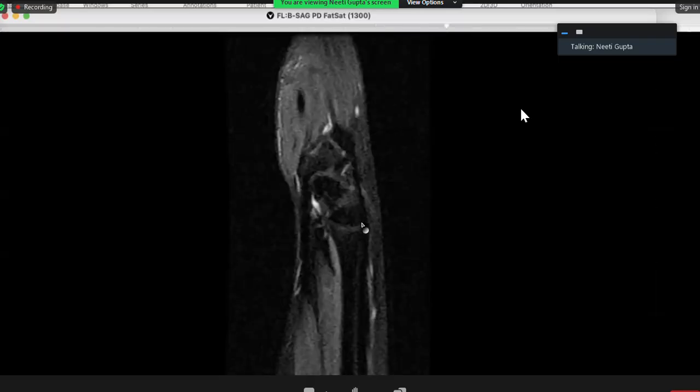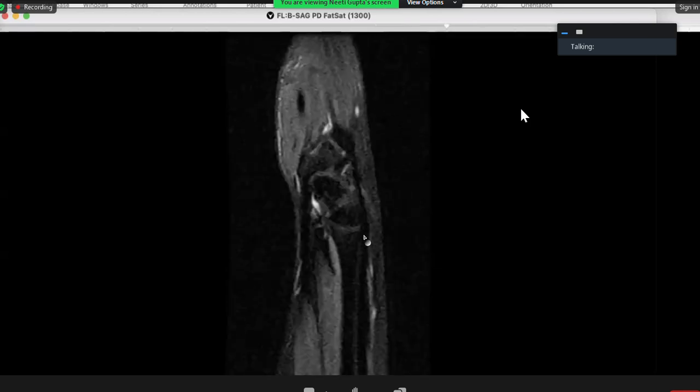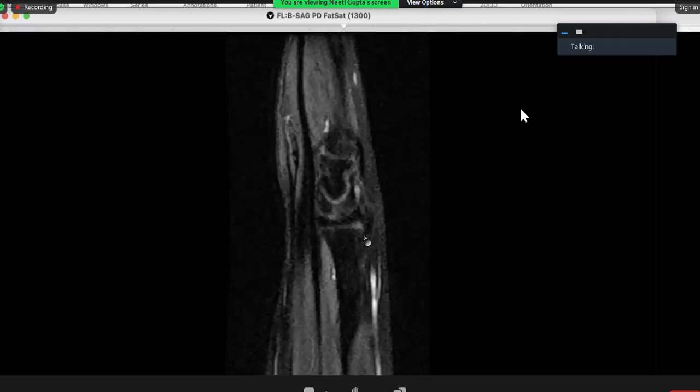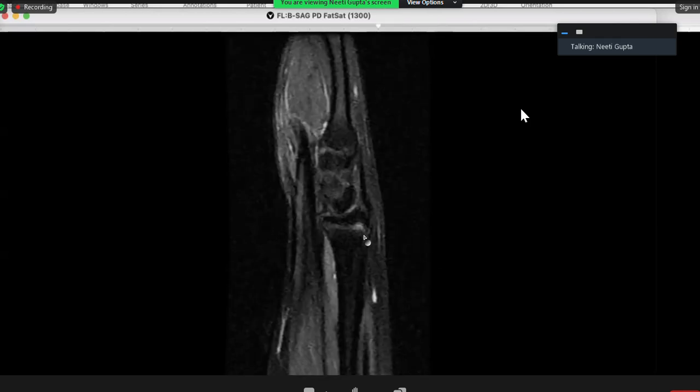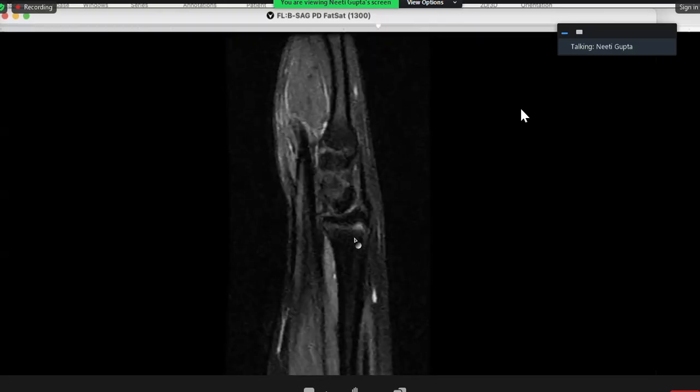So this was actually a case of, again, a chronic overuse physeal stress injury in an athlete. So this is labeled as a gymnast wrist. A chronic physeal overuse injury in the distal radial physeal plate is labeled as a gymnast wrist.